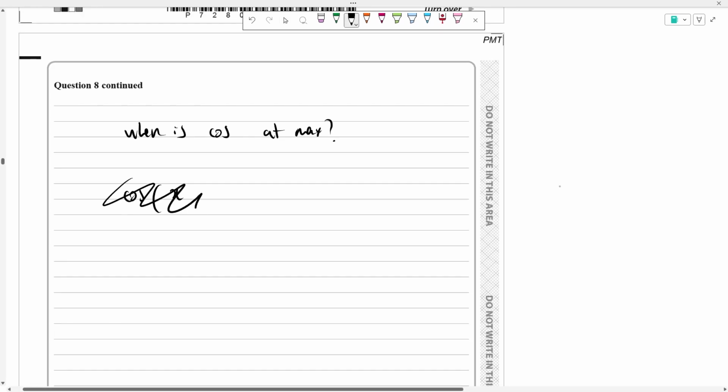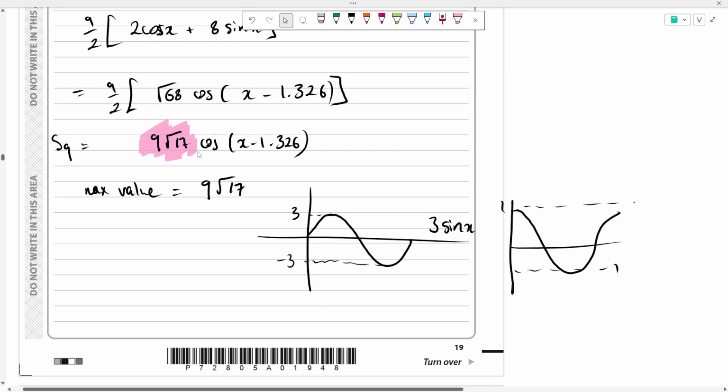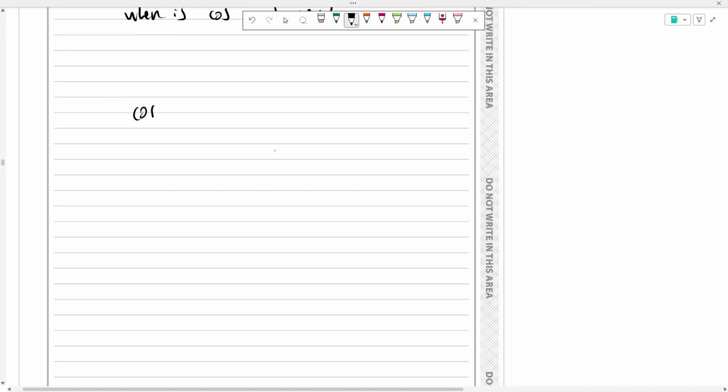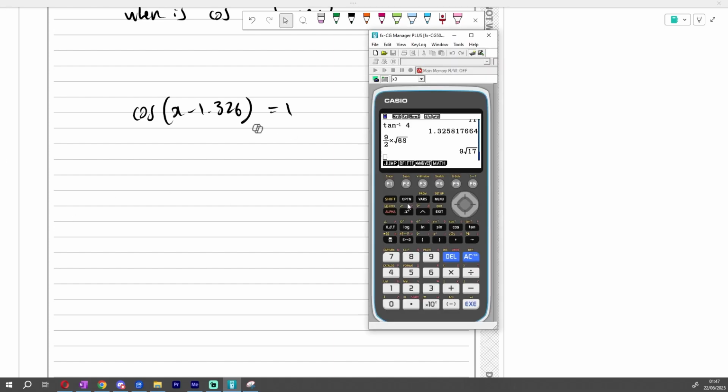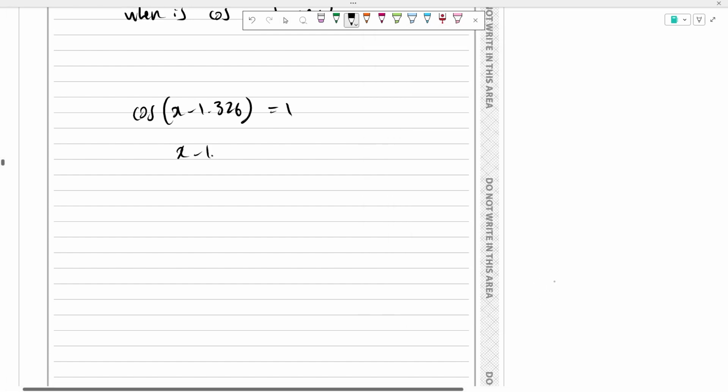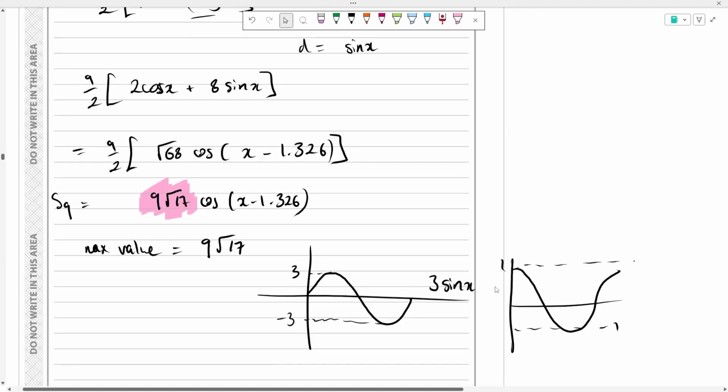Essentially, what you're saying is when this cos function, cos of x minus 1.326, is equal to 1, and then we can rearrange and solve for x. That's just going to be cos inverse of 1. That gives us 0. So that means that x minus 1.326 is equal to 0, and that means that x is equal to 1.326, which is a very nice, pretty simple answer in this case.